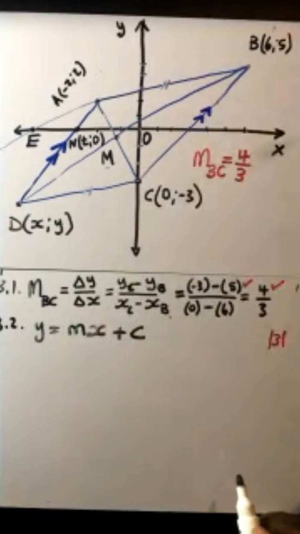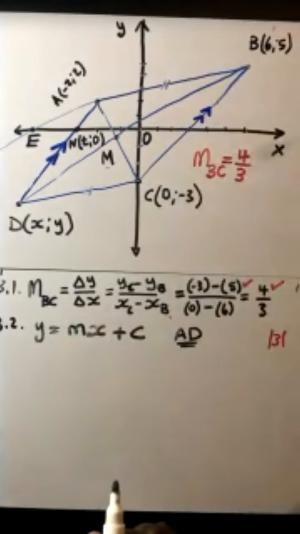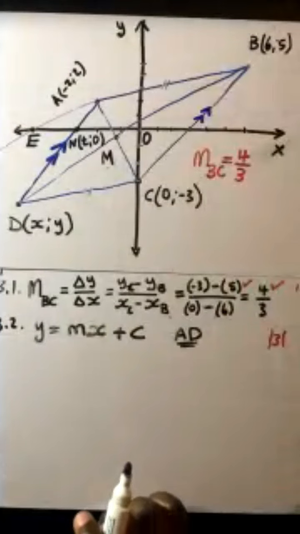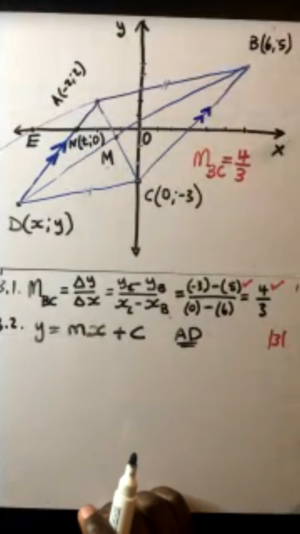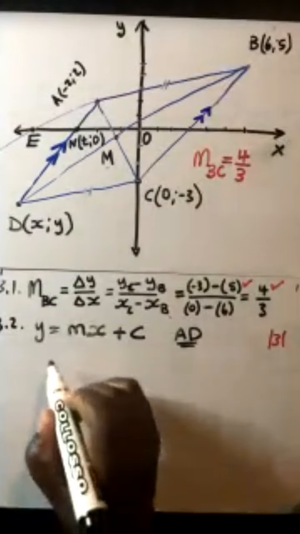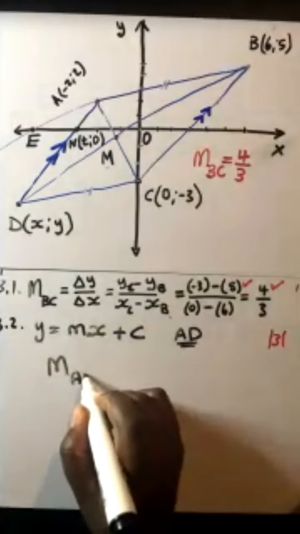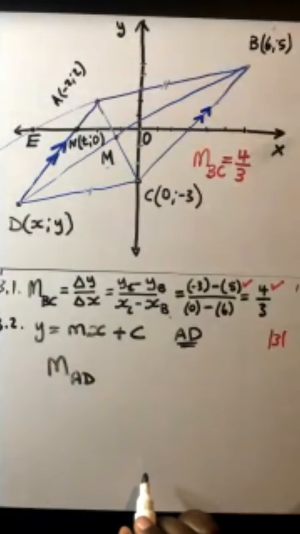So ladies and gentlemen, we are determining an equation of line AD. So what is it that we need in order to be able to determine an equation of line AD? Obviously, the first thing that should come into your mind is the gradient. So that means we need the gradient of AD.